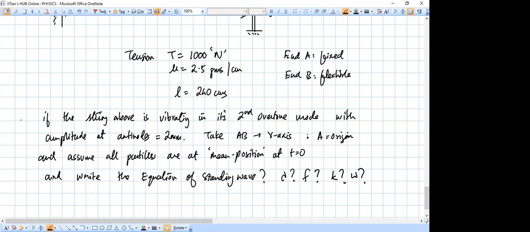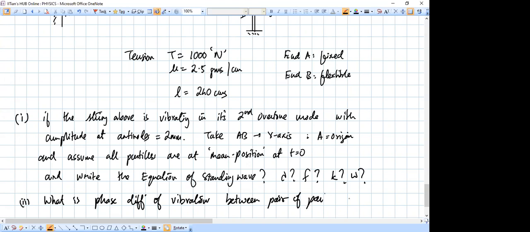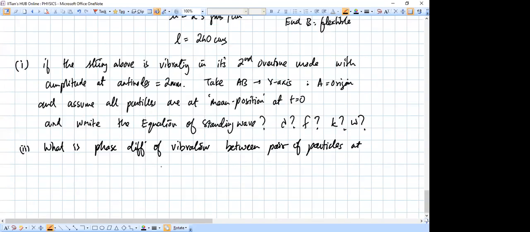And secondly, what is the phase difference of vibrations between pair of particles at x equal to 10 centimeters and x equal to 30 centimeters, and x equal to 20 centimeters and x equal to 100 centimeters.